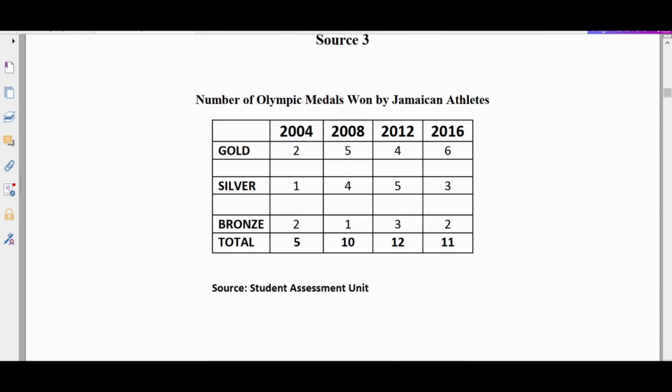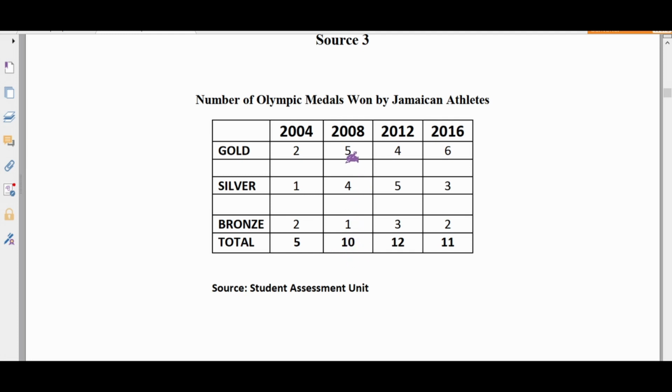And source 3 looks at the number of Olympic medals won by Jamaican athletes. So we have 2004, 2 gold, 1 silver, 2 bronze, a total of 5. In 2008, we have 5 gold, 4 silver, 1 bronze, a total of 10.